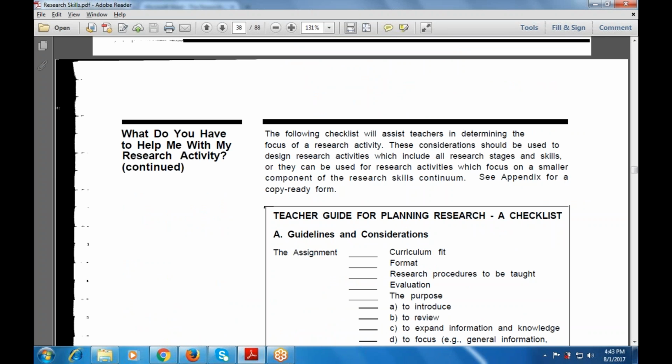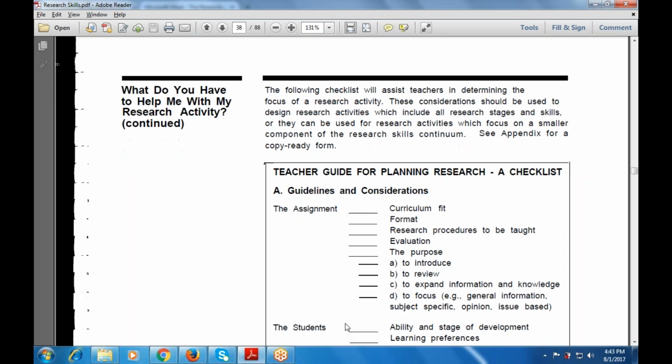Now this is a checklist for the teacher guide for planning research. Assignment, curriculum fit, format, research procedures to be taught, evaluation, with the purpose: what is the purpose, to introduce, to review, to expand information and knowledge, to focus, for example general information, subject specific, opinion, issue based.